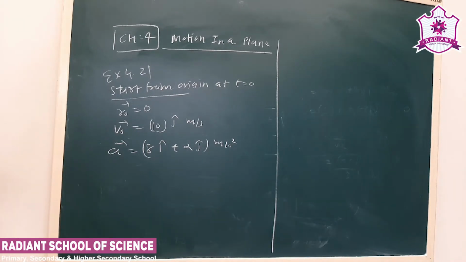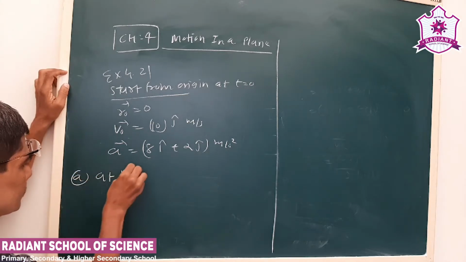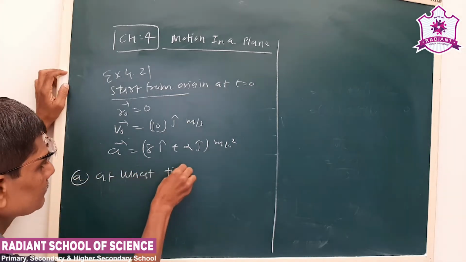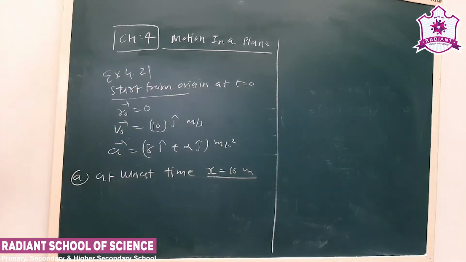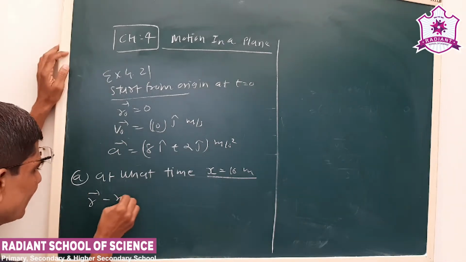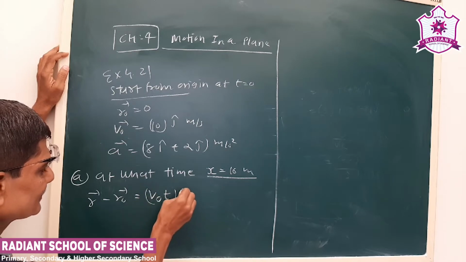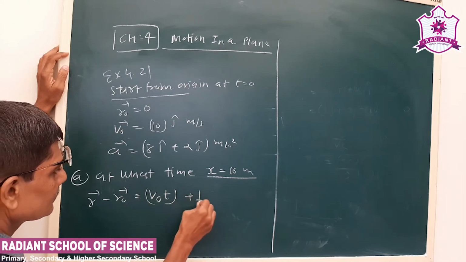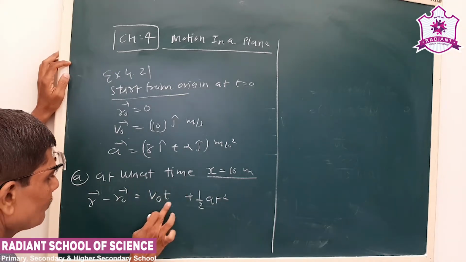Now we have to find out at what time the x component will be equal to 16 meter. Now see our equation: r minus r0, that is displacement, is v0t plus half at square. What is the value of v0?